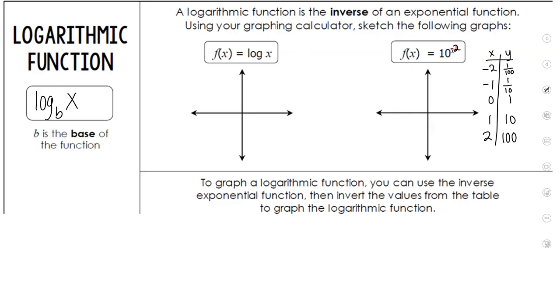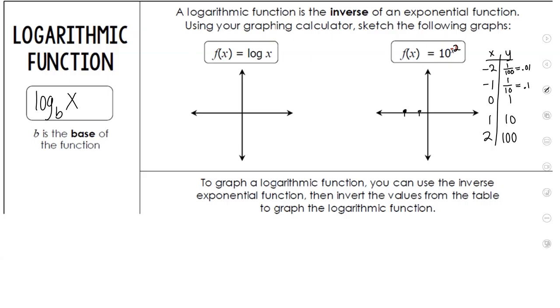Okay, so let's go ahead and graph this. When the x value is negative 2, the y value is very small. This as a decimal is 0.01, so that's very small. It's down here. Okay, this as a decimal is 0.1, so at negative 1, it's going to be at 0.1, also very small.